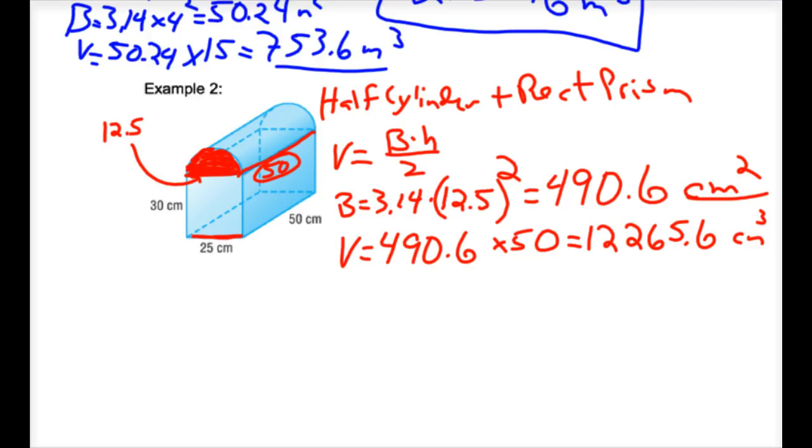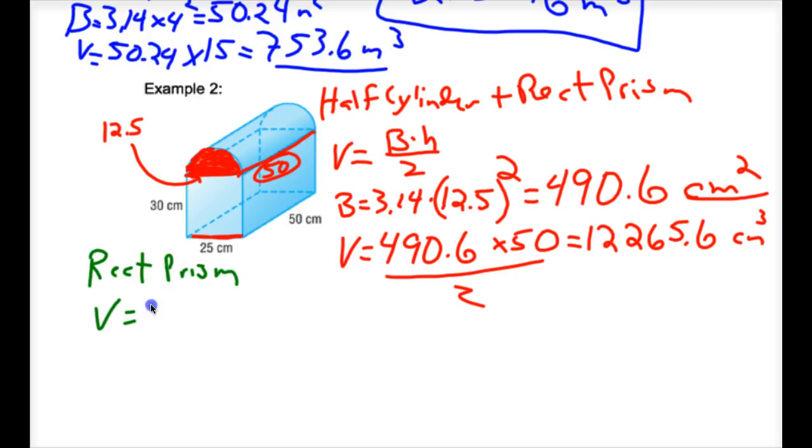I got something else. Oh, wait, I forgot to divide it by 2. So type in, guys, 490.6 times 50 equals, then divide it by 2, because we only want half of that cylinder. That's right. All right, let's do the rectangular prism right now then.